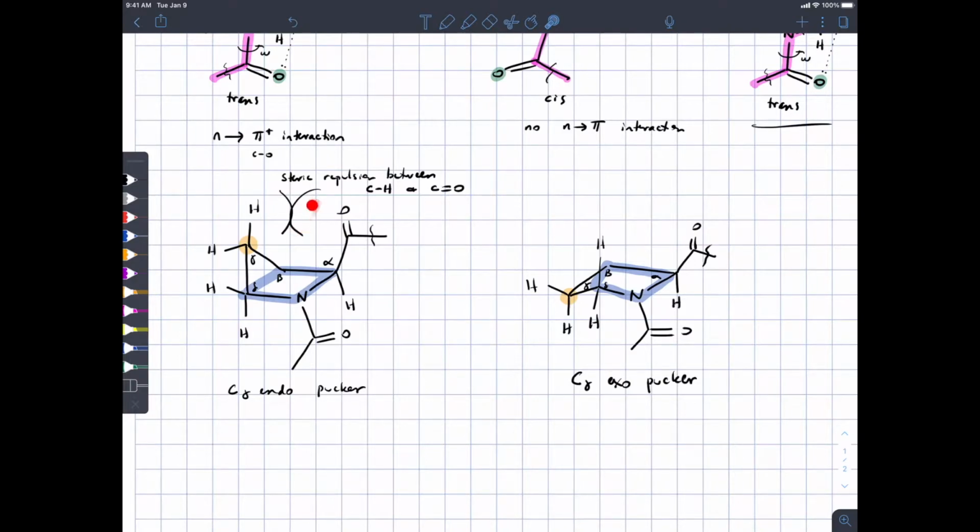And that steric repulsion makes it difficult for this carbonyl carbon to be in the right place for that n to pi star interaction that I was telling you about. It's actually much easier to have an n to pi star interaction over here for the C gamma exo pucker. You can have the interaction in both places, but the steric repulsion here weakens the n to pi star interaction.